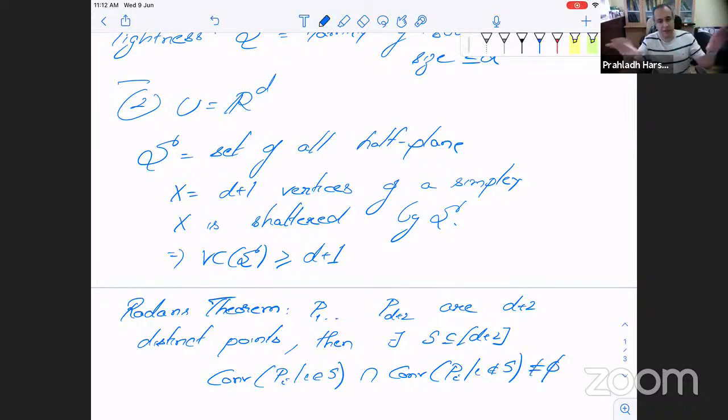That is, I can split the D plus 2 points into 2 sets such that the convex hulls of the two sets will have a point in common.